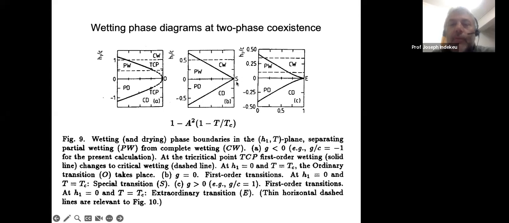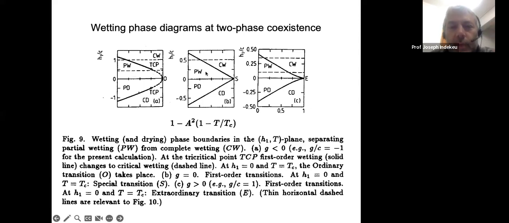It's a very special point. And the ordinary transition is such that the surface has no particular order or no particular capacity of an order-disorder transition at the bulk critical point. So this is the case for surface couplings that are not enhanced relative to the bulk coupling.